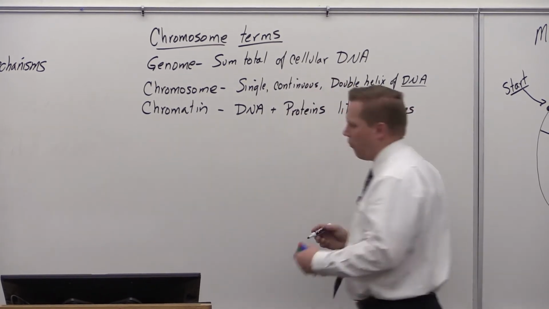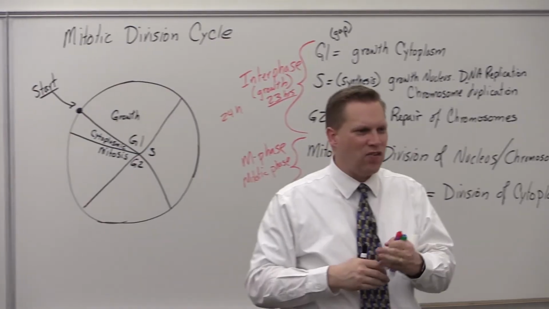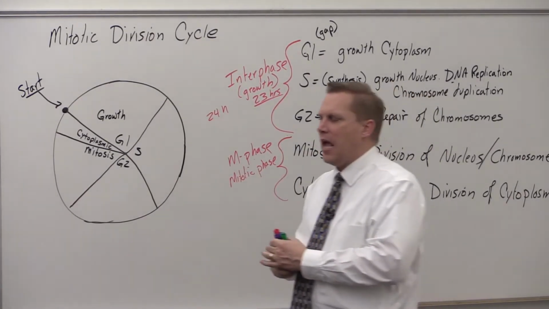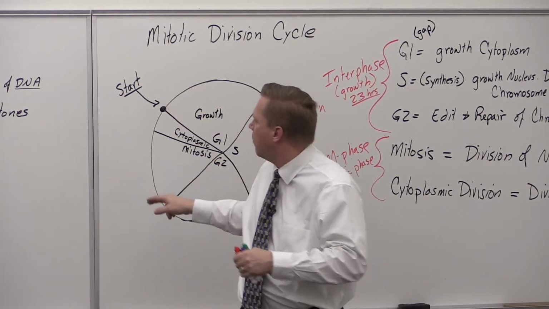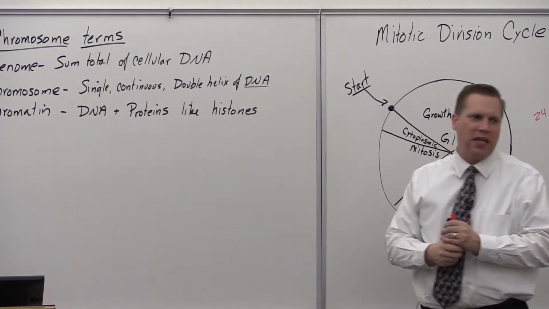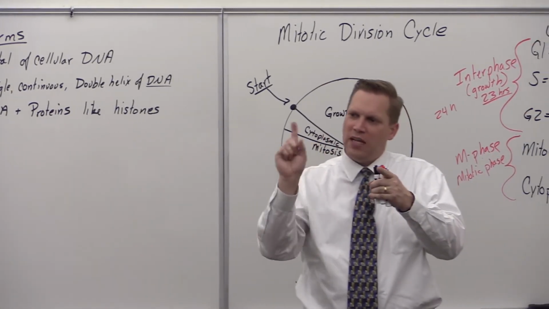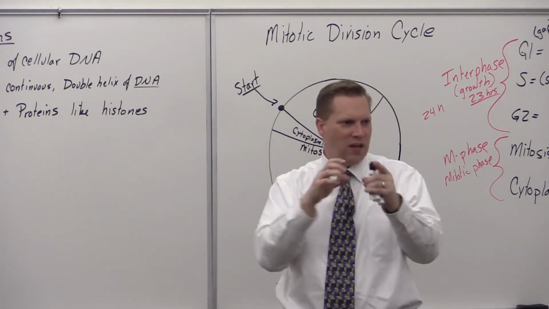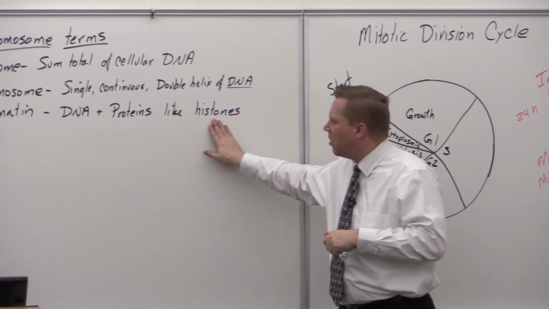So DNA itself, when it's found inside the cell, does not exist in a naked state. It's not just raw DNA. That DNA is bound by a whole host of different proteins. And one of the most common is a protein called a histone, a DNA binding protein that acts as a spool, so DNA kind of winds around all these different histones. It's a way of packing the DNA. But it's a very common protein found in the DNA.